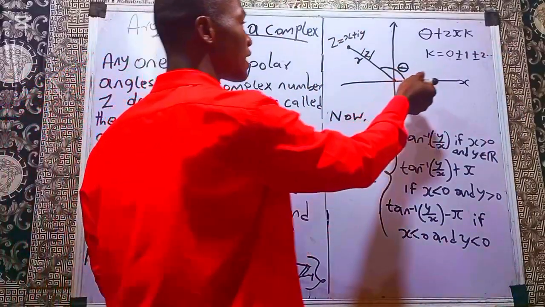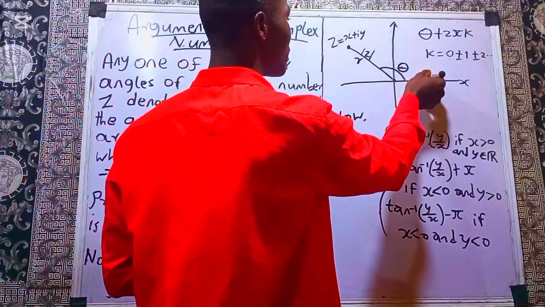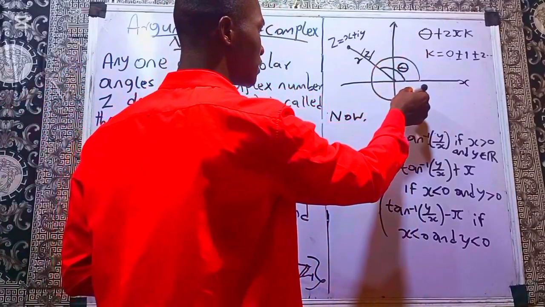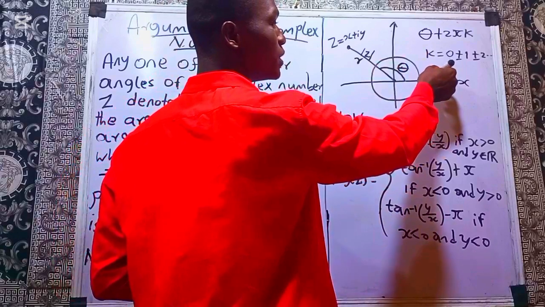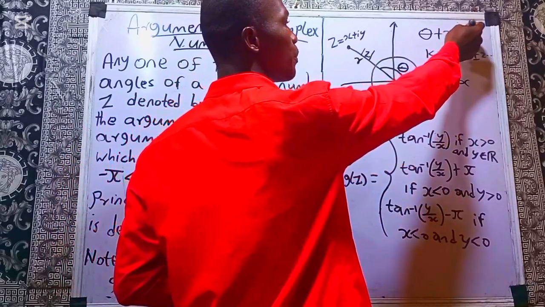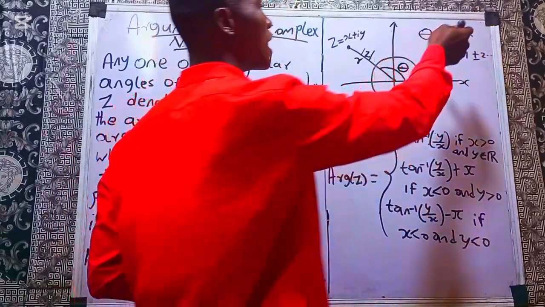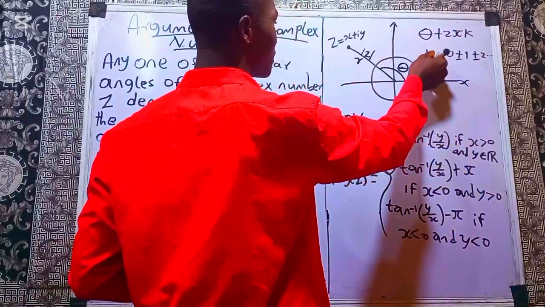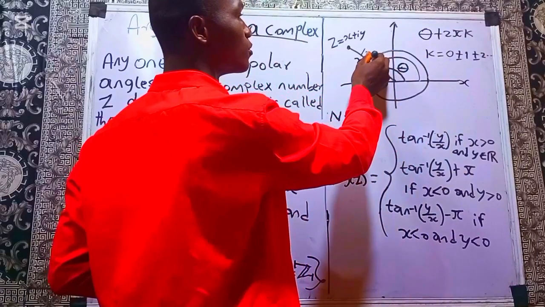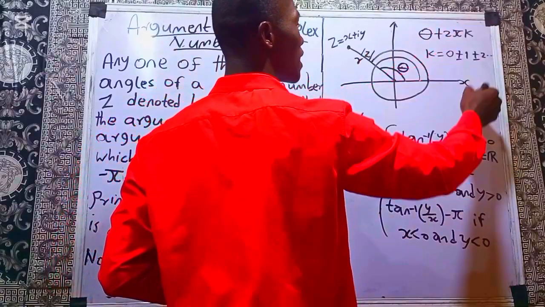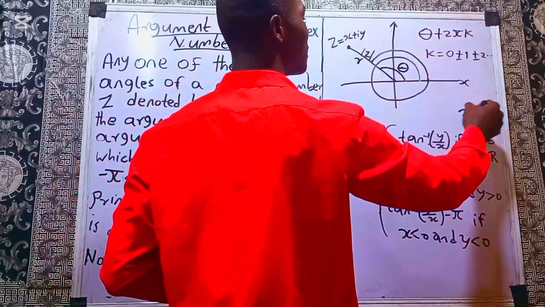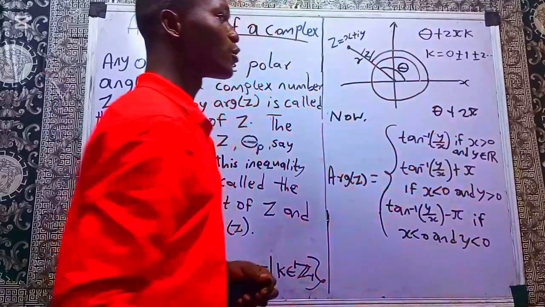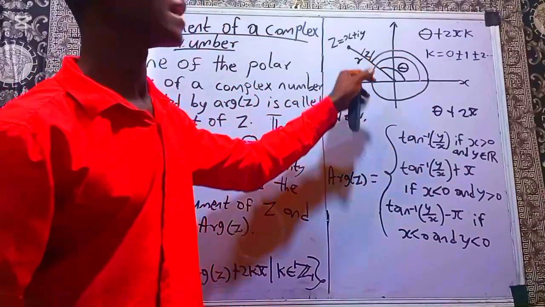Now, from this diagram, if I complete the circle, I've gone 2 pi. For instance, if k is 1, I've gone 2 pi. You go again. So if k is 1, I've gone 2 pi plus theta. So it means that there are many such angles.